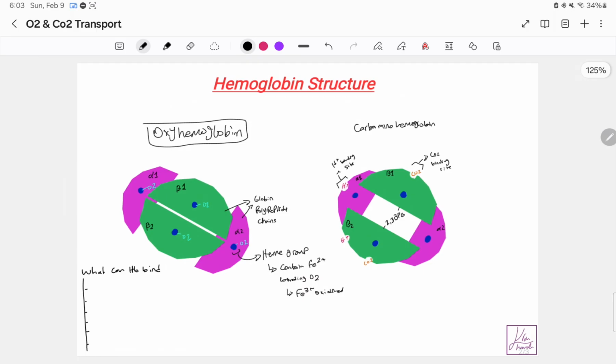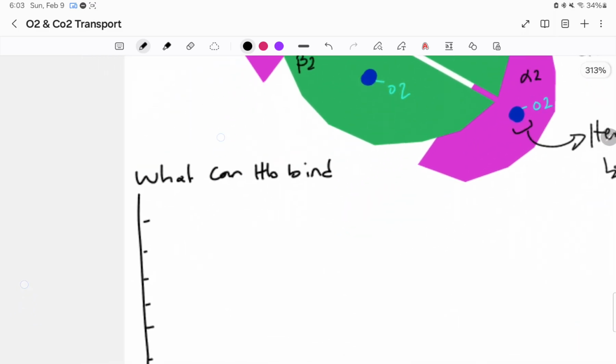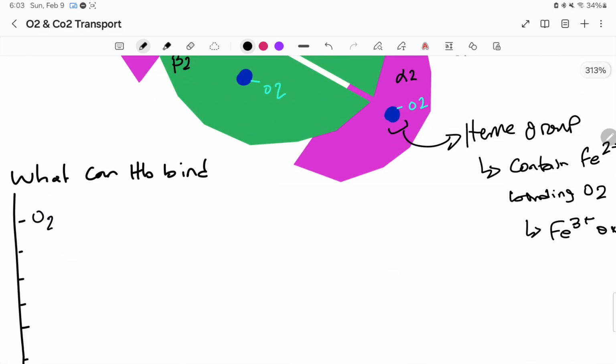Now, just to very quickly look at the things that can bind hemoglobin, and that's a lot of things, guys. We know that oxygen can bind. We know that CO2 can bind. We now know that protons can also bind. We know that carbon monoxide can bind, and unfortunately, this guy is irreversibly bound, meaning that it does not unbind.